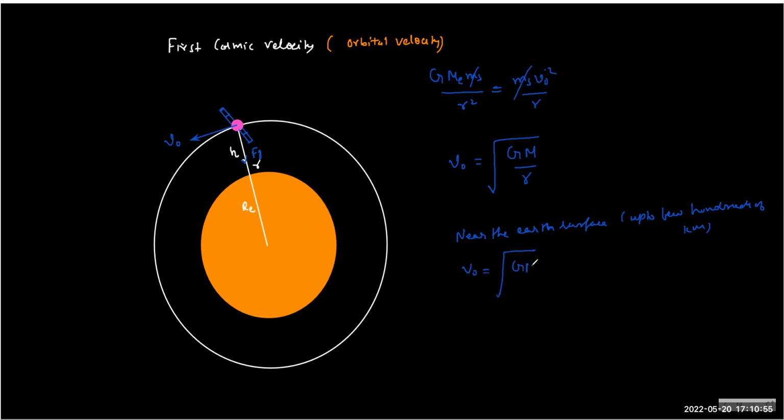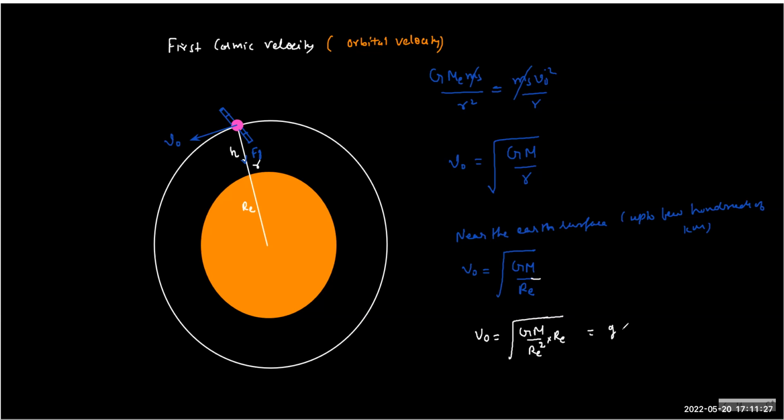Square root of GM by Re, correct? Near the Earth, r will be equal to Re. And we know that we can write this as GM by Re square into Re.